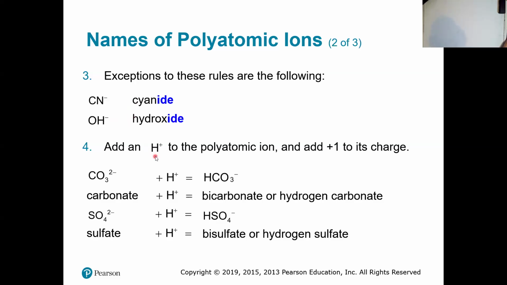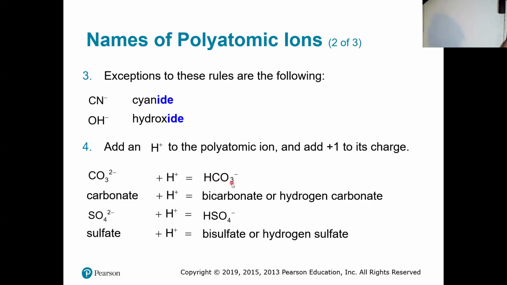You're also going to see a relationship between adding a hydrogen ion to a polyatomic ion. It's going to change the name and the charge of that particular ion. If you look at CO3 with a -2 charge, this is called the carbonate ion. If we add a hydrogen ion to CO3 2-, the new formula is HCO3 with a -1 charge.